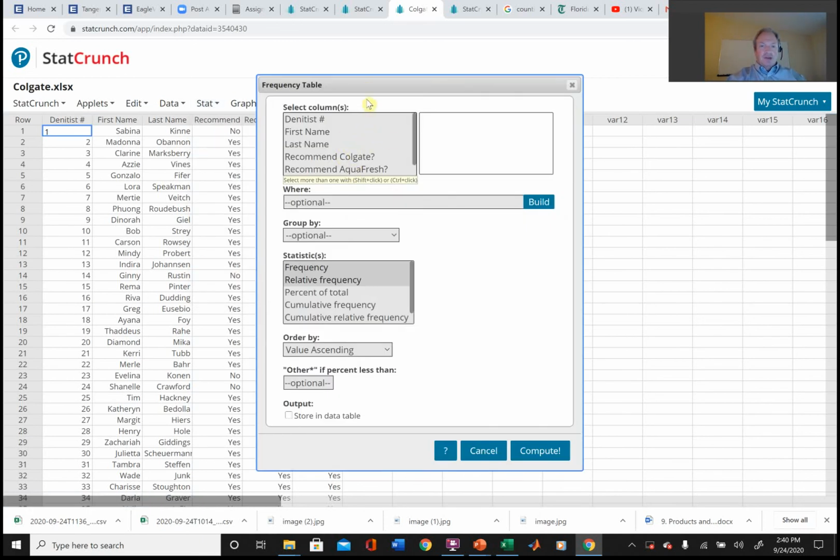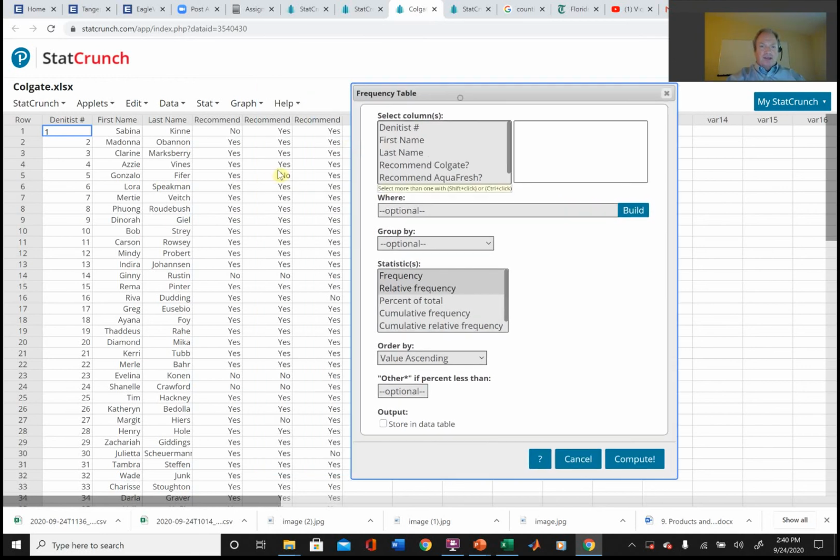And I'm going to choose the variable that I'm interested in. So I want the percentage of dentists in the sample that recommended Colgate. And you don't have to click on anything else. Notice that the default is frequency, relative frequency. I'm going to go ahead and click on percent of total.